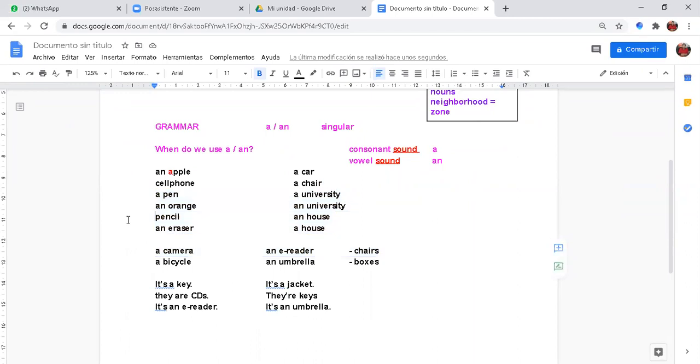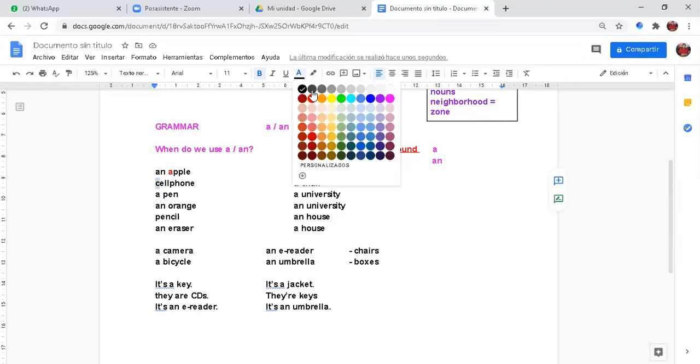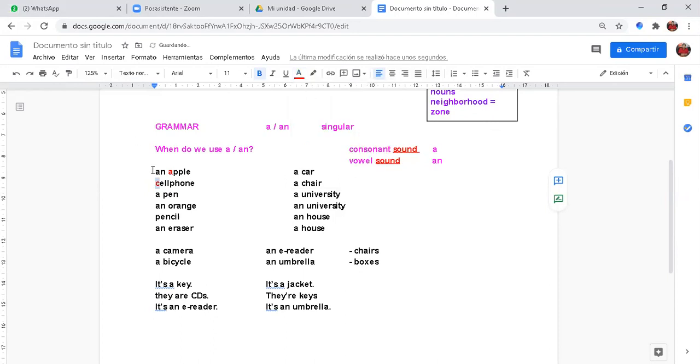But if it is consonant sound, for example, cell phone, it's a consonant sound. Because it is consonant sound, that letter. And as this letter is a consonant sound, what do you need?